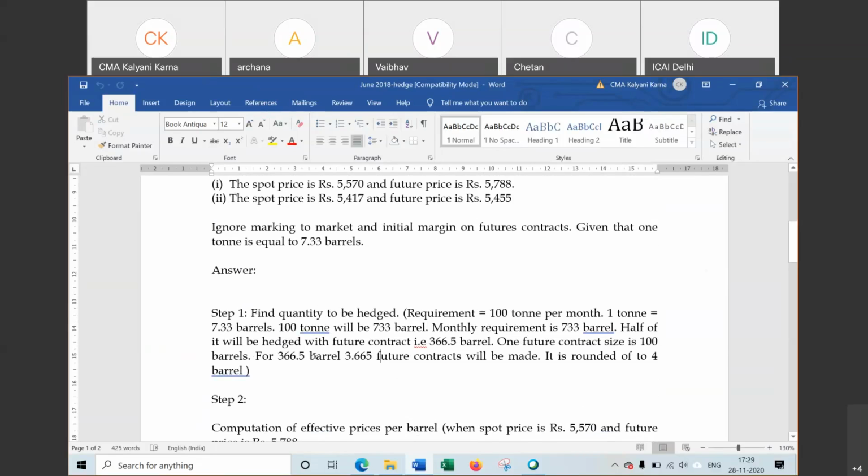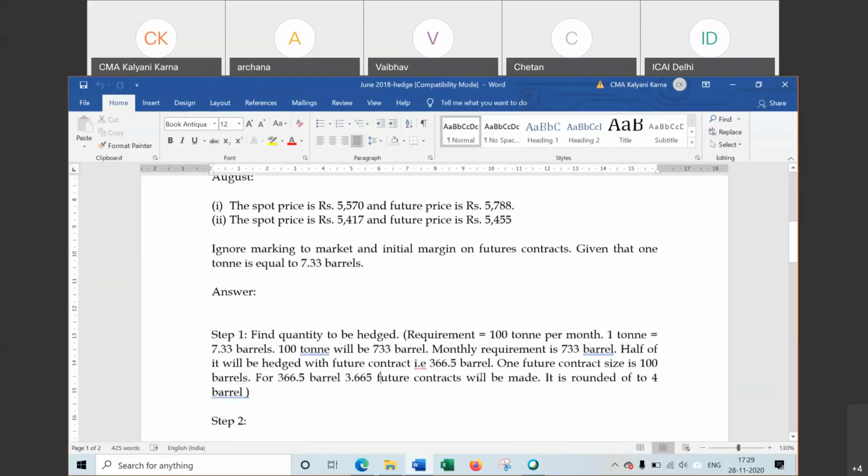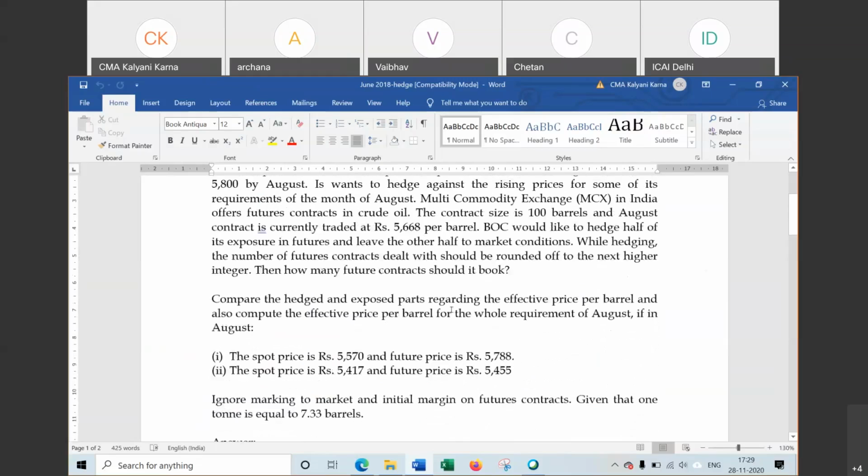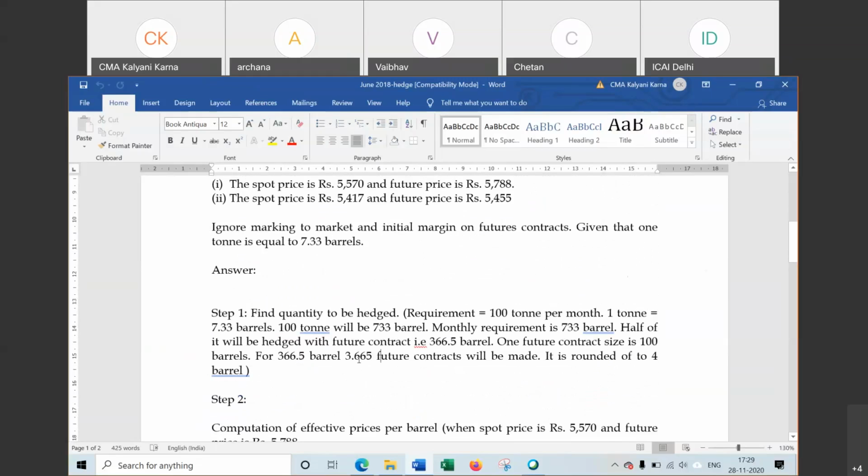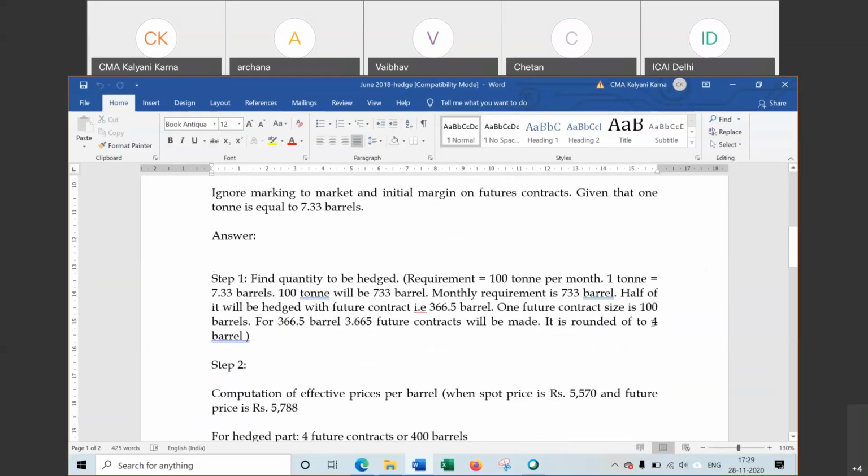So how many futures contracts will be bought? 3.665 futures contracts. And the question says to round it off to the next higher integer. It is written in the question that the number of futures contracts should be rounded off to the next higher integer. So 3.665 will be rounded off to the next figure, 4. So 4 contracts are required.